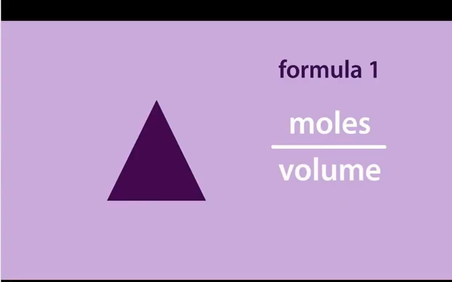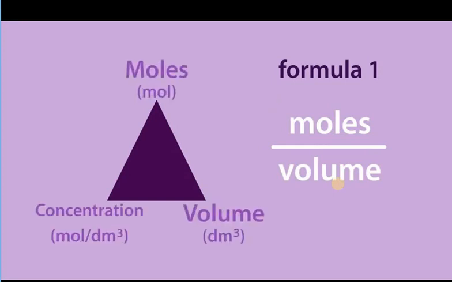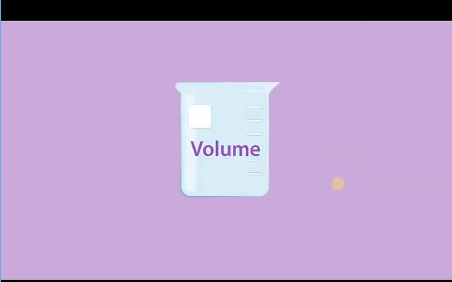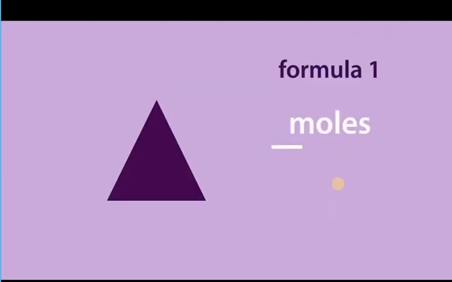Remember, when we're calculating molar concentration, we're going to say moles over volume. Then for us to calculate, we have a triangle that we use. Let me just have this triangle show up here.